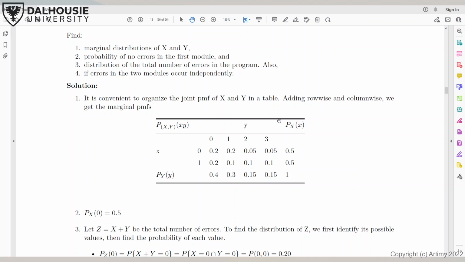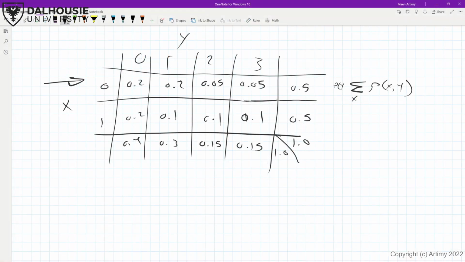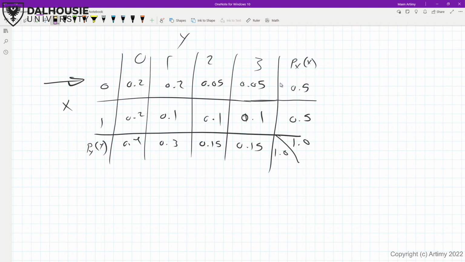So I'll end up with px of x. And so this is the marginal distribution.